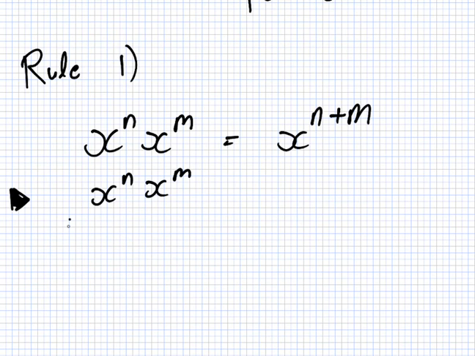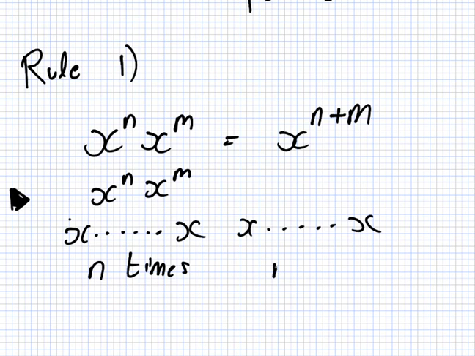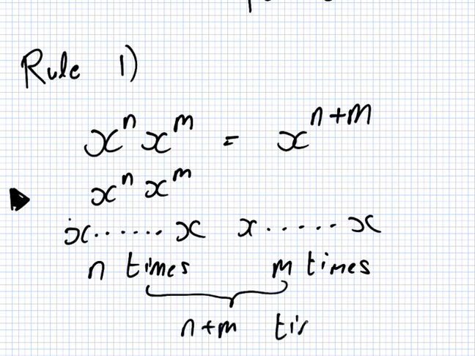So as you know, this is x multiply itself n times, very good. And then this one here is x multiplied by itself m times. So you can clearly see together you have x multiplied by itself n plus m times. So it's not even a proof really. It makes perfect sense that this is what the rule should be. So this is the first rule.